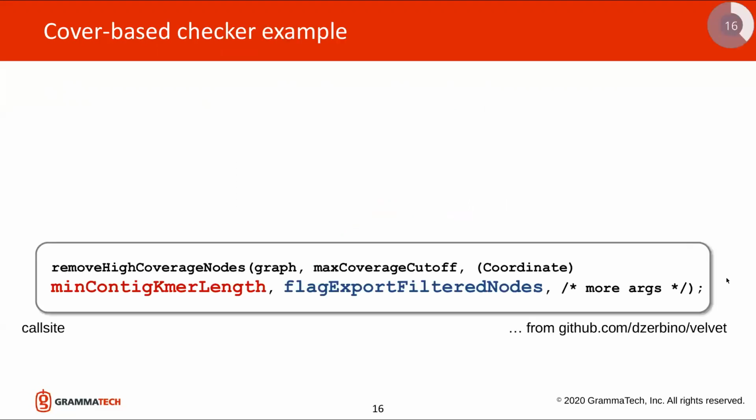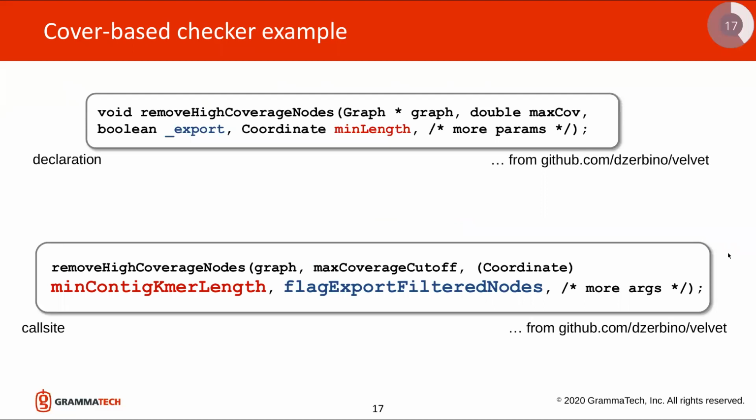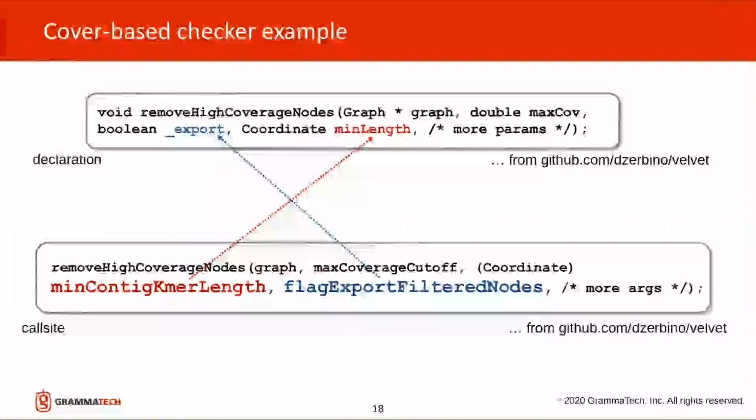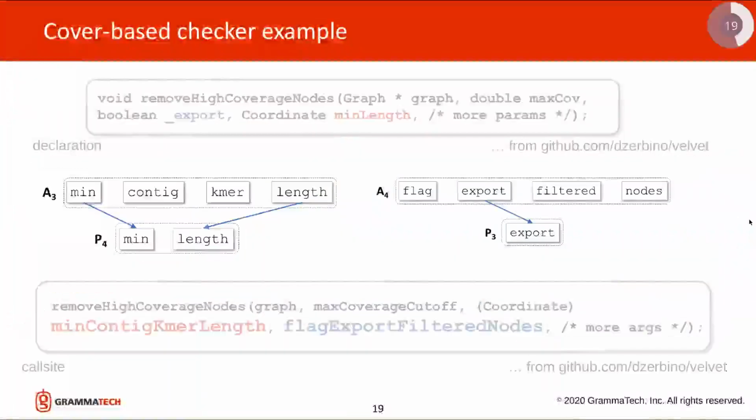To take a more complex example, consider this call with the highlighted arguments. When you look at the declaration of this function, it has the parameters export and min length. Our checker identifies that there is a swap argument error here. Looking into the highlighted arguments in a bit more detail, the third argument, min contact mere length, is made up of morphemes min, length, and a bunch of others, and they cover all the morphemes in the fourth parameter named min length.